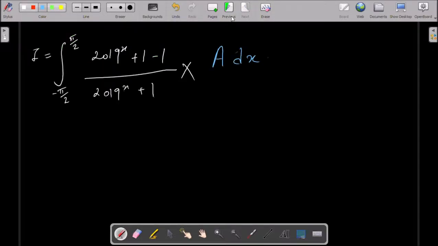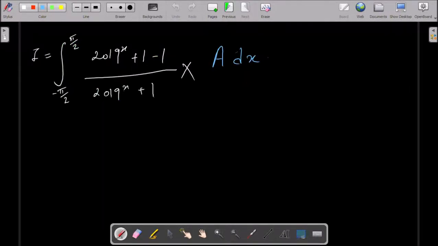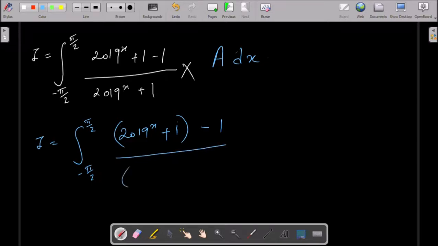Nothing is changed. Now I equals integration from minus pi by 2 to plus pi by 2 of 2019 to the power x plus 1, I'm writing like this, and 2019 to the power x plus 1, into a dx.